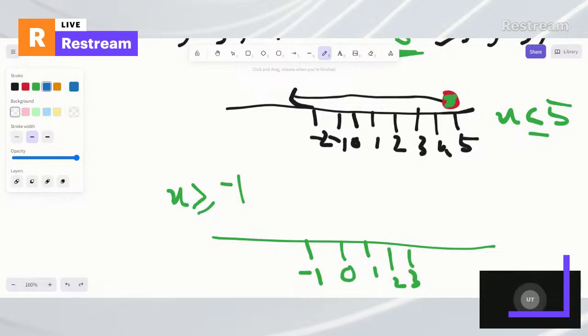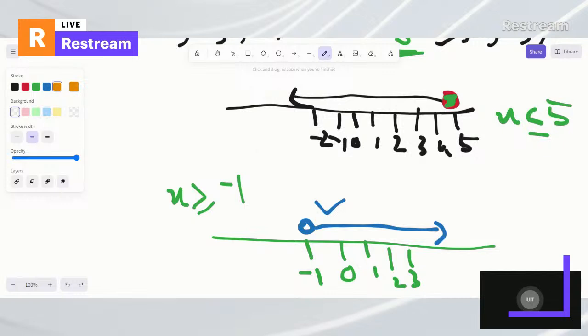It means I have a number sequence starting from -1. I draw the circle over -1 and then stretch the line to all the values greater than -1.